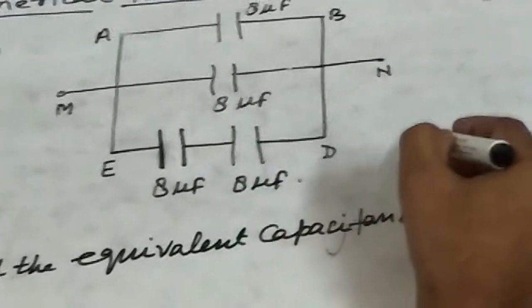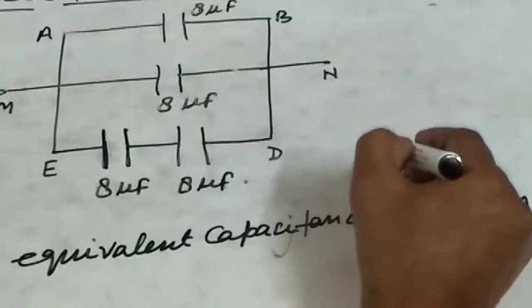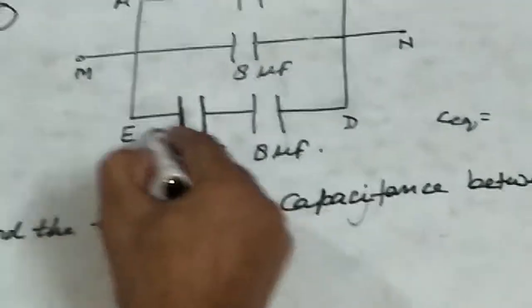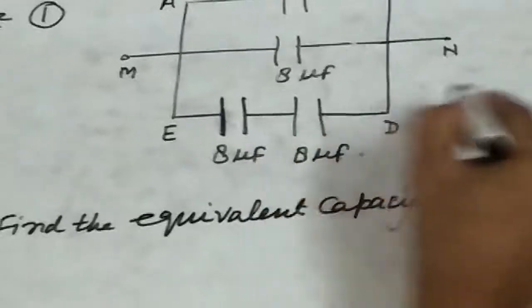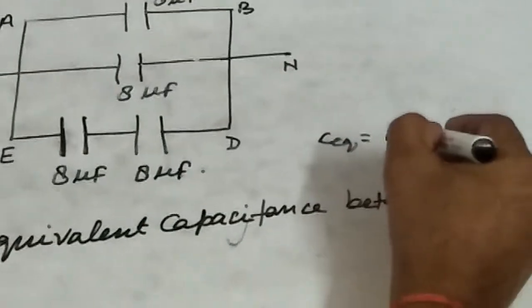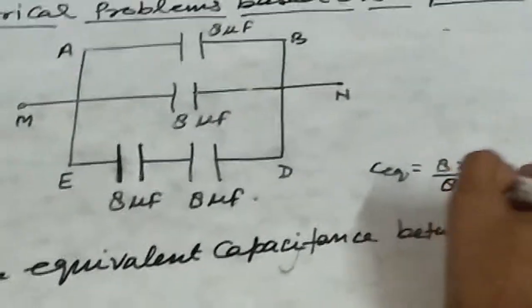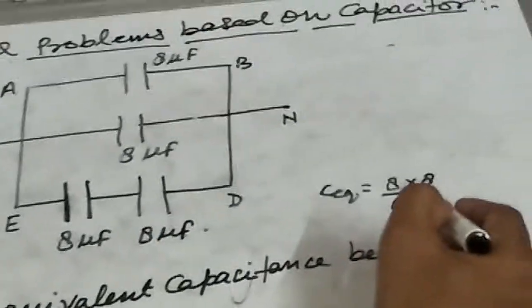And their equivalent you can find. I am taking the equivalent capacitance of 8 microfarad which are connected across ED. This is 8 into 8 upon 8 plus 8. For two capacitors, you know equivalent capacitance is C1 C2 upon C1 plus C2.